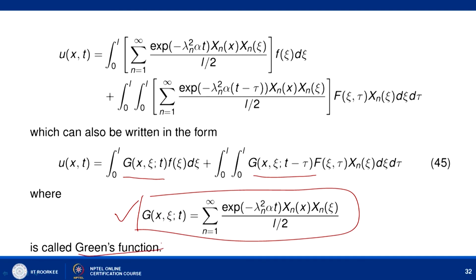So it means that the solution of the non-homogeneous finite domain problem can be written like this, with the help of the Green function which is defined like this. Is it okay?